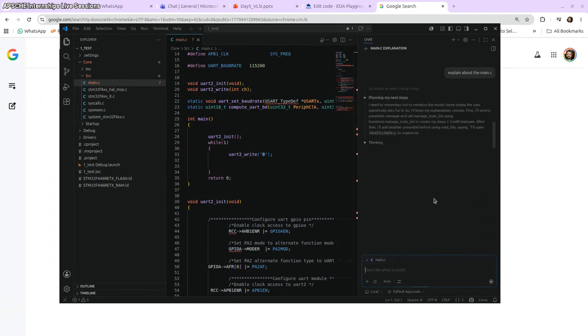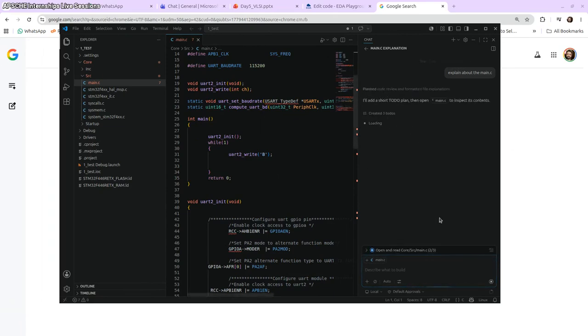Okay, it is trying to get this idea from the LLM, and it is giving the things. So you don't necessarily need to remember all the syntaxes and all those things.